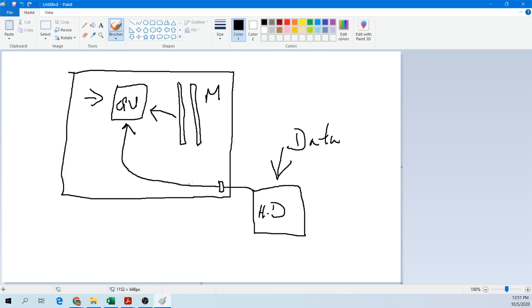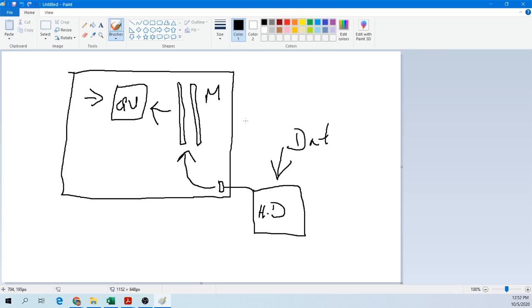It takes longer for data to go from the hard drive to the CPU, and it's faster to go from memory to CPU. And that is why we have memory in the computer. Instead of the data going directly to the CPU, the system sends that data to memory, and from memory it sends that data to the CPU.